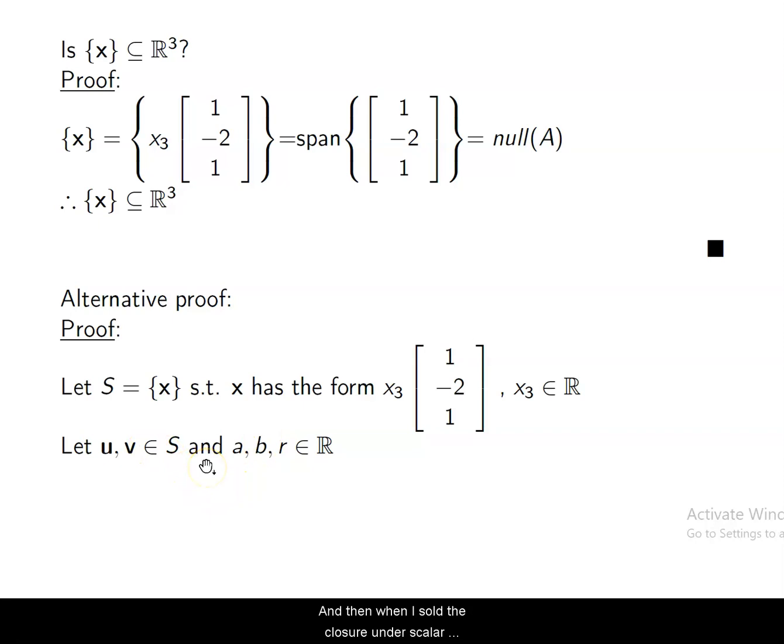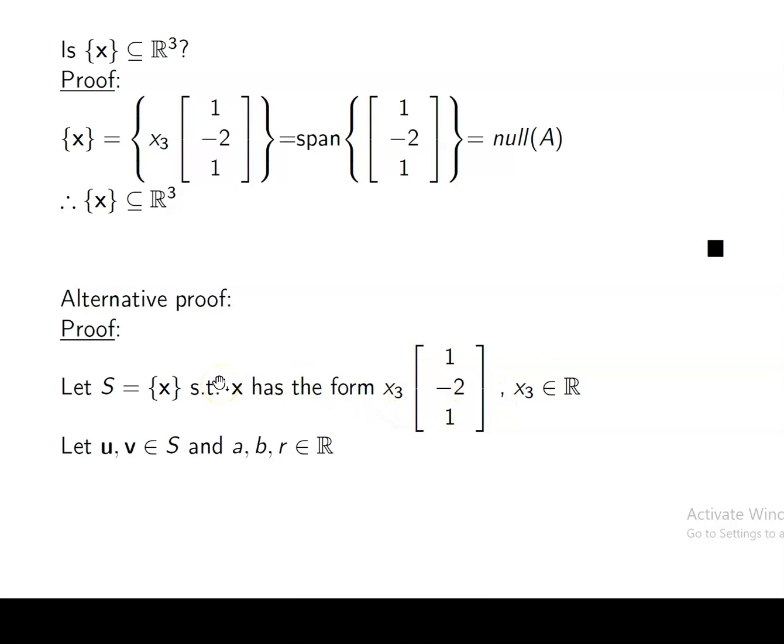Then when I show the closure under scalar multiplication, I'm going to need that third scalar. Really I'm doing this a little more difficultly than I need to. I just need this (1, -2, 1) vector; I don't really need this x3. I'm just showing you what it would look like if we did include it.